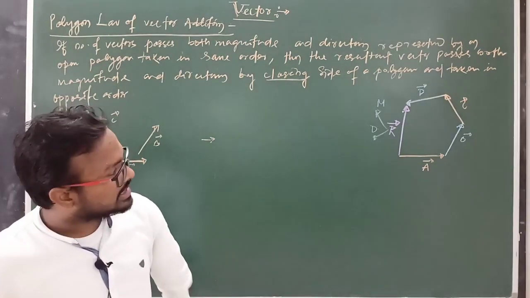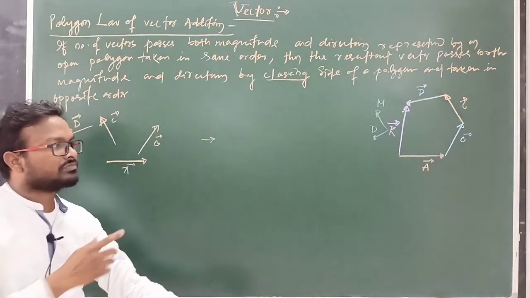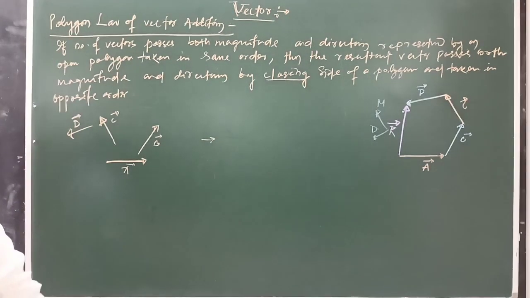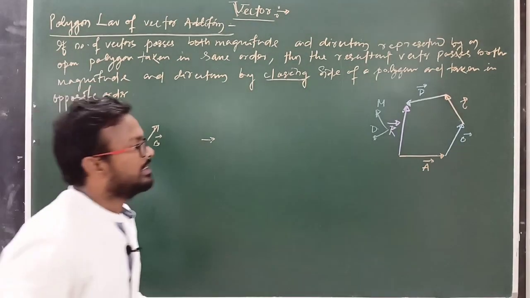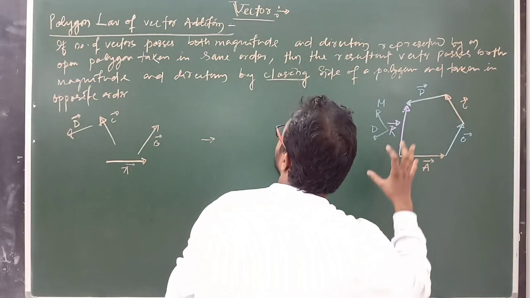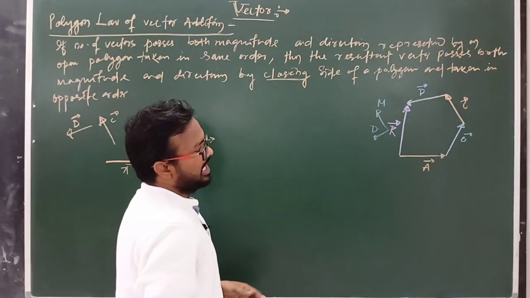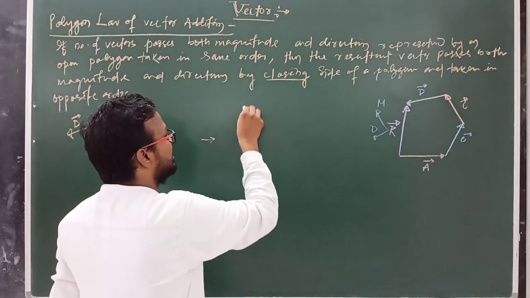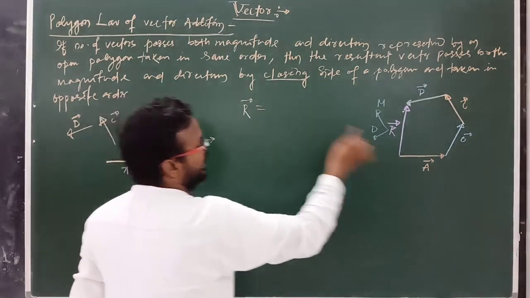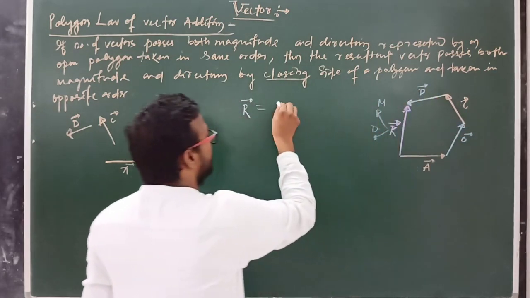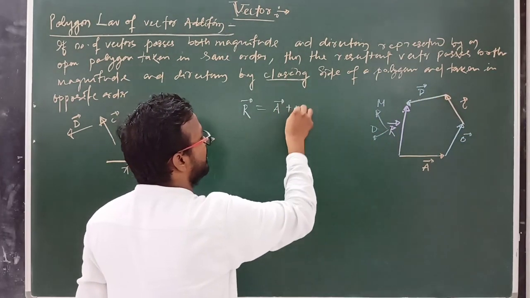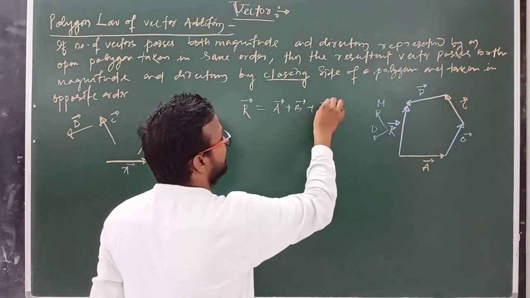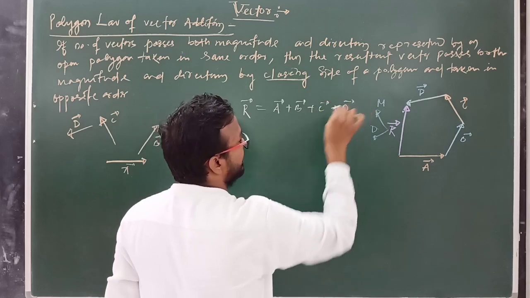Clear? This polygon law is actually one application of the parallelogram law and triangle law. Now we have to prove that this resultant vector, which consists of vectors a, b, c, d, is a vector plus b vector plus c vector plus d vector.